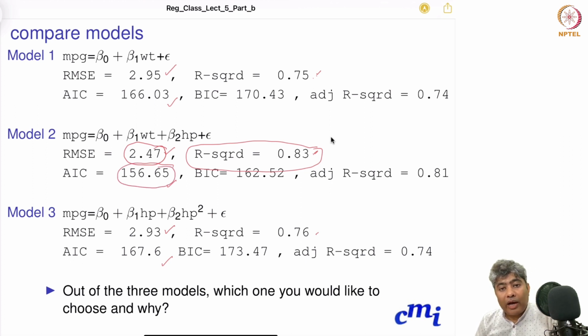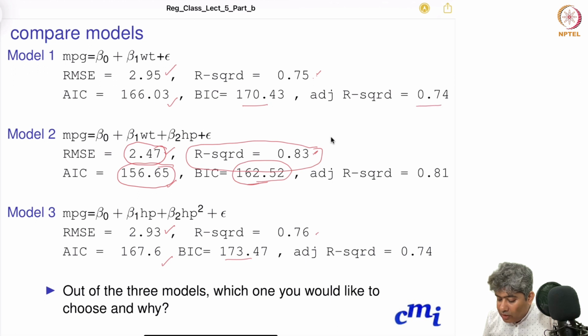Let us try the BIC value. Again, we choose the model which has the minimum BIC value. Based on the three BIC values, 170, 162 and 173, obviously 162 is the minimum, so we will choose the second model over the first and third. Adjusted R square is similar to R square, so the higher the adjusted R square, the more we prefer that model.